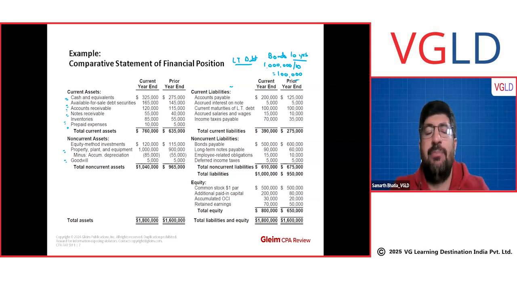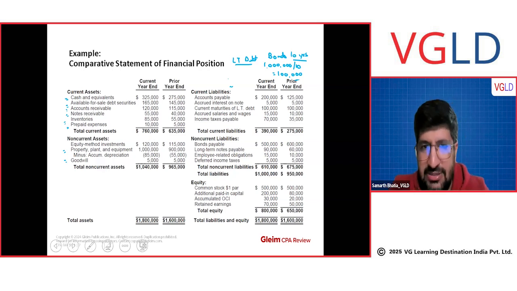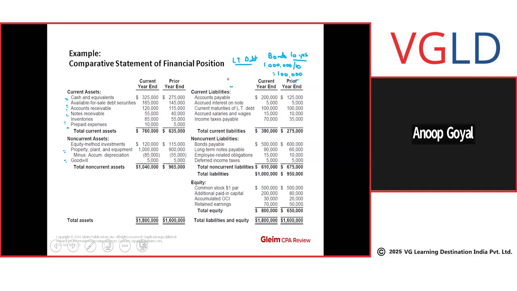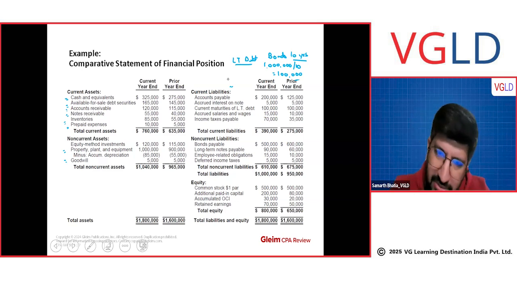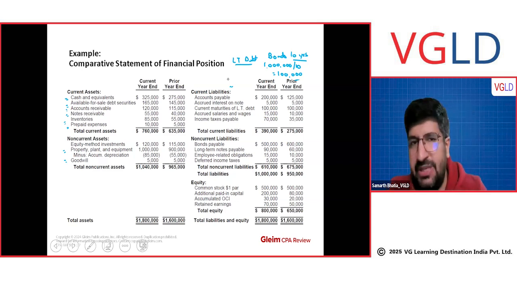But in the US, it does not happen that way. The employer deducts part of the salary and keeps it with themselves, and they have some obligation on behalf of those funds towards the employees. So in the future they have to provide the benefit at the time of retirement or at the time of the death of an employee. That is covered under employee related obligations. Okay.